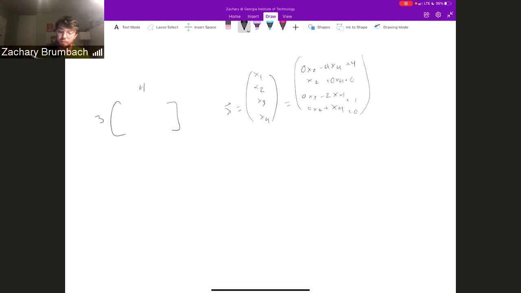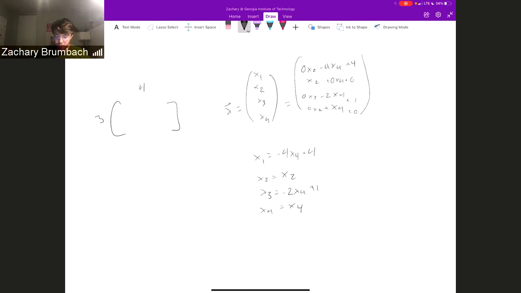This is a vector, okay? This also gives us a fantastic set of equations. x1 equals negative 4x4 plus 4. x2 equals x2. x3 equals negative 2x4 plus 1. And x4 equals x4. Cool.